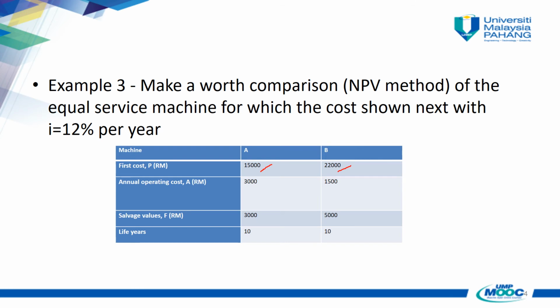The annual operating cost, however, for A is more, 3,000, and for B is less, only 1,500. And again, after we use it for 10 years, machinery A can be sold back for 3,000, and machinery B for 5,000. Let's see the solution.